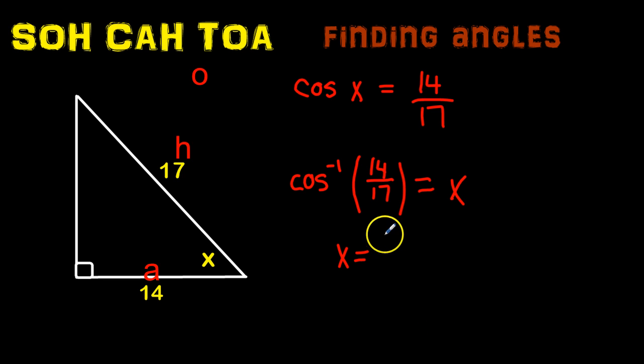So x is 34.56 degrees. All right, so there's 3 problems using each trig ratio, and that was finding angles.